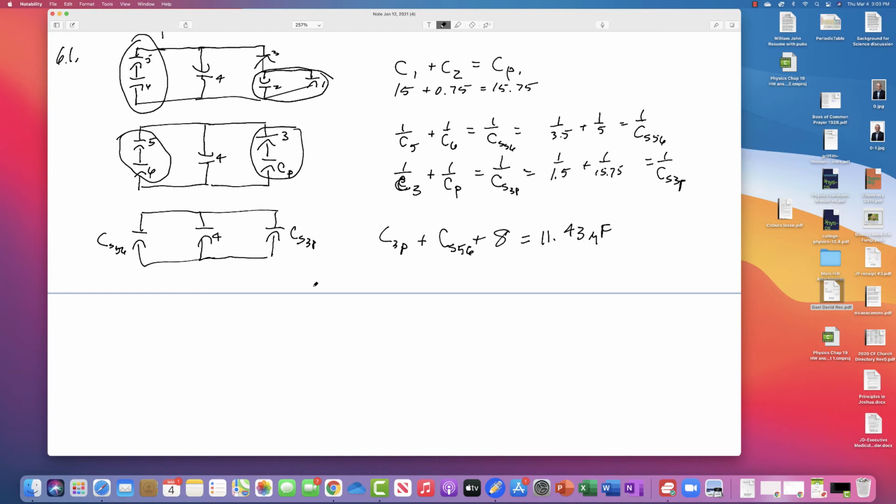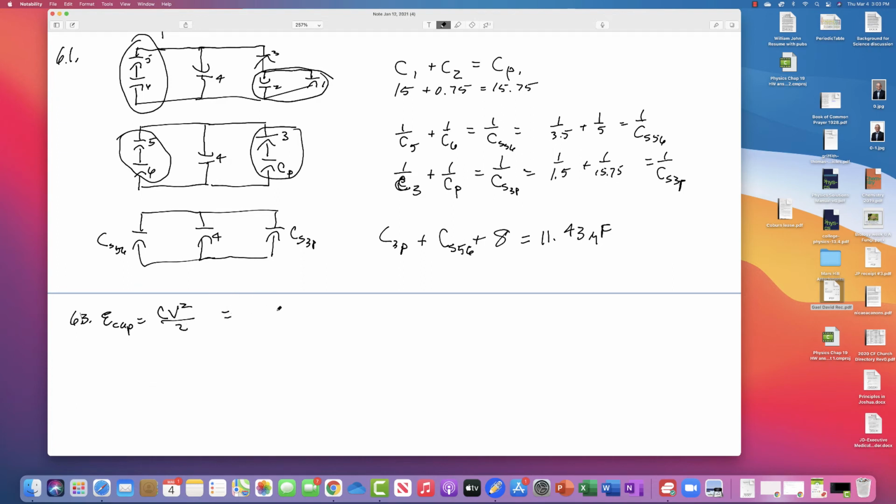The first one is under the section of energy stored in a capacitor. What is the energy stored in a 10 microfarad capacitor of a heart defibrillator charged with 9,000 volts? Okay, so we previously said that the energy stored in a capacitor is equal to the capacitance times the voltage squared over 2.